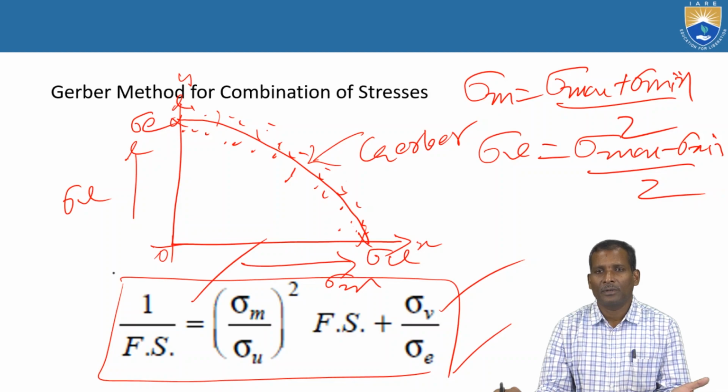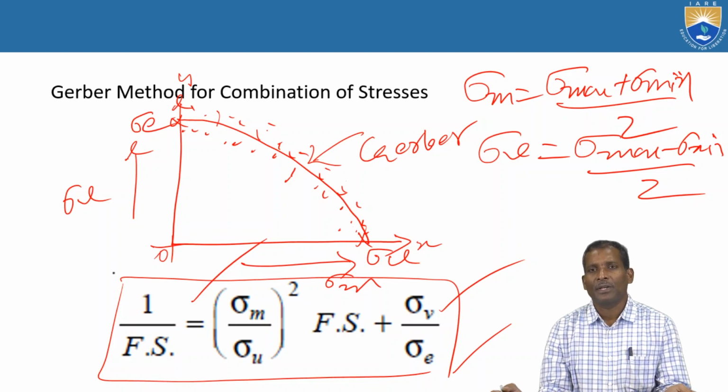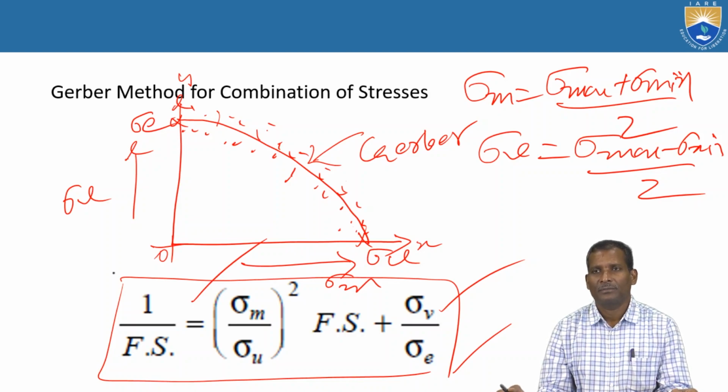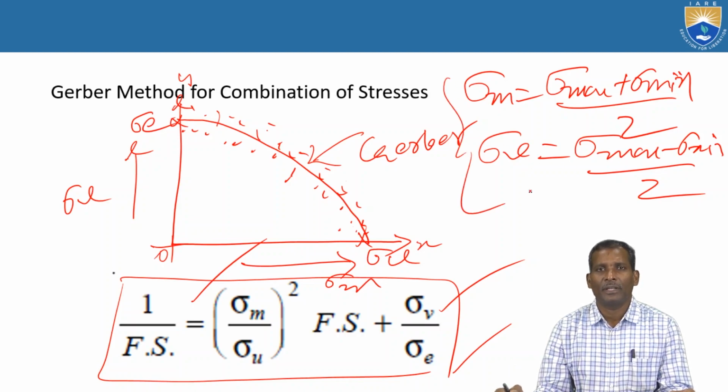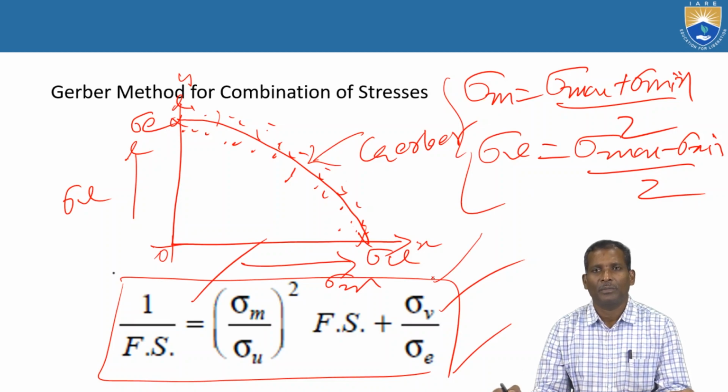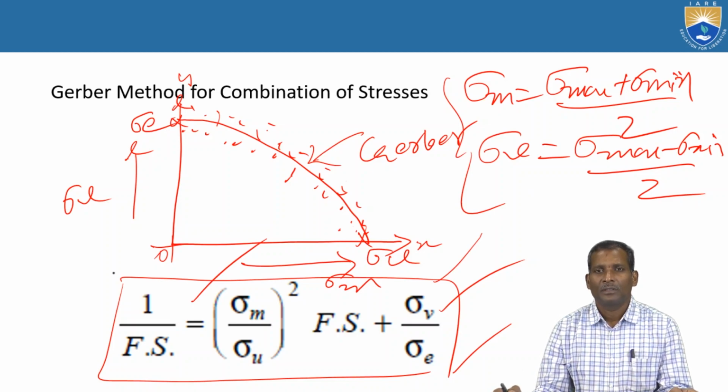The ultimate stress they will give in the problem. Sigma E you may calculate, suppose the sigma U value is available, based on the relation between endurance limit and ultimate strength, which depends upon the material. After calculating the mean stress and variable stress, substitute them in this Gerber method and you will get the desired values.